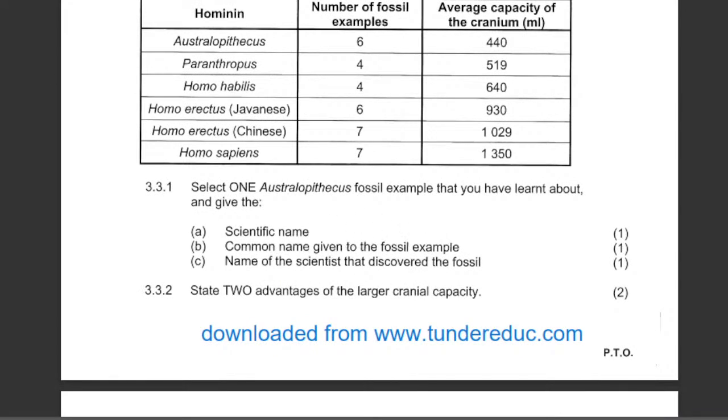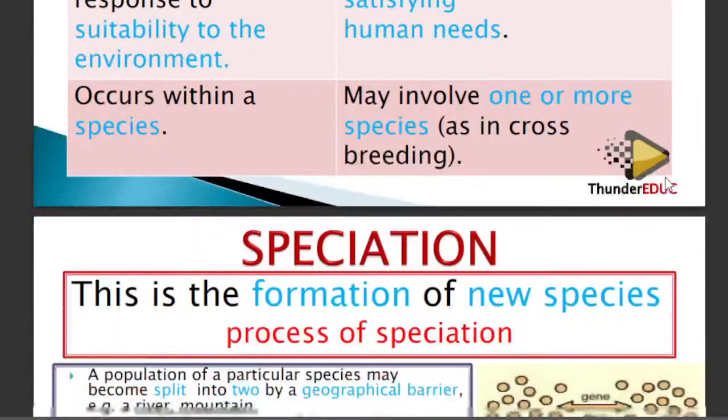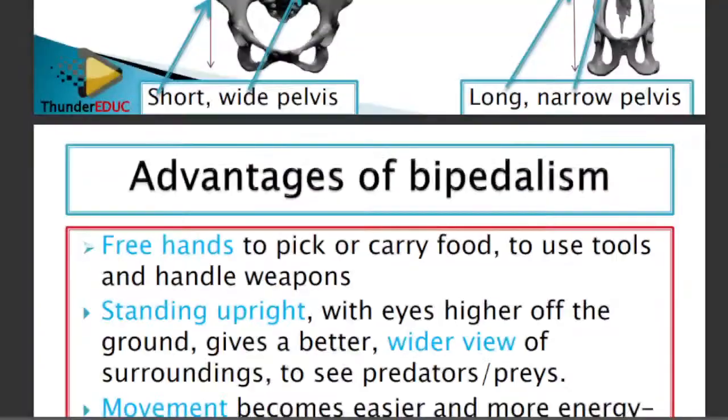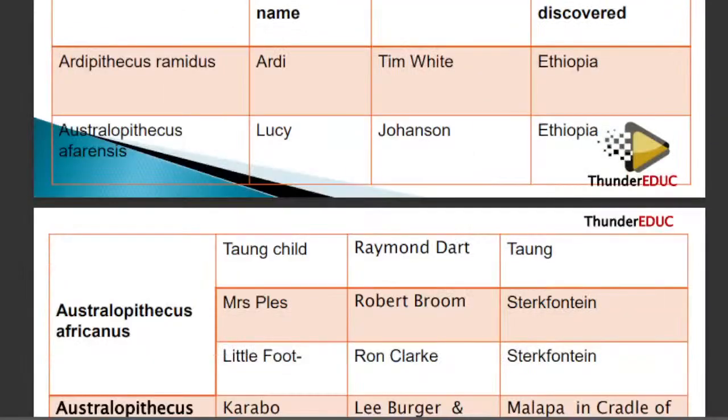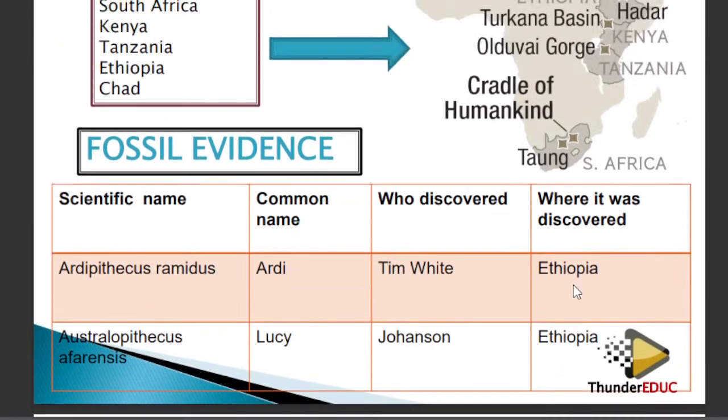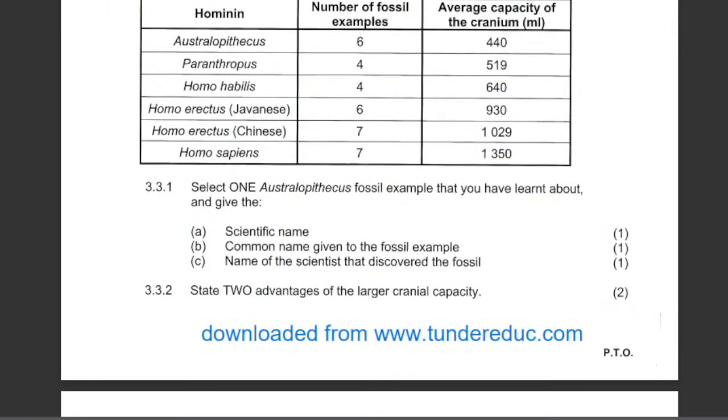So basically you're supposed to choose maybe Australopithecus sediba, and name who discovered it. They're saying Australopithecus africanus.